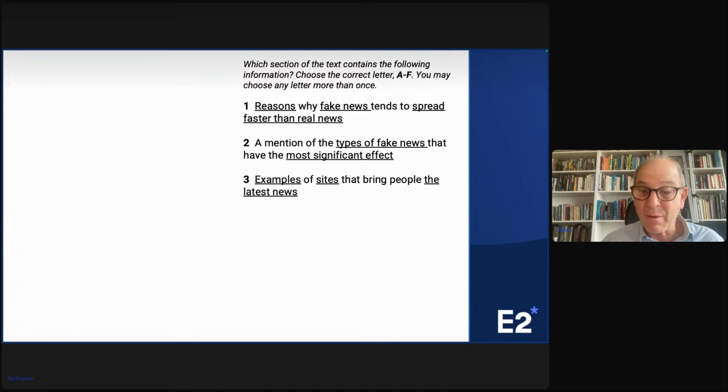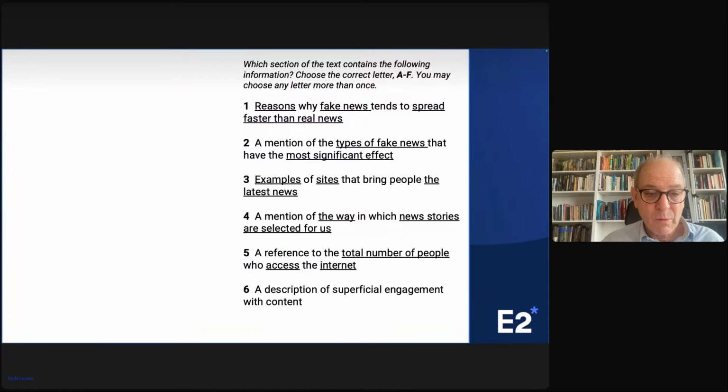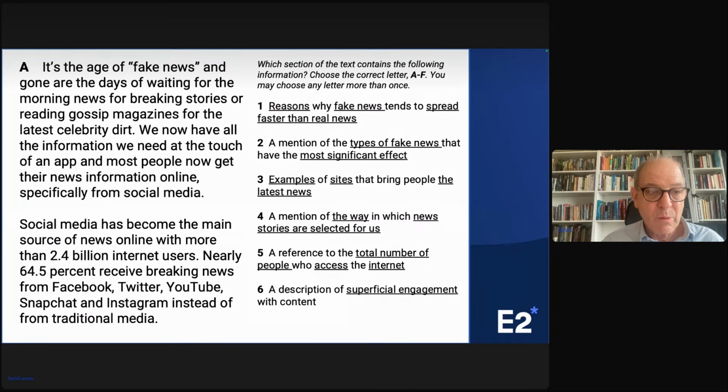Keywords from the prompt or the questions? And then we find that of the statements, statement 3 is found in paragraph A. So we're dealing with it paragraph by paragraph, yeah? All right, so we can confidently say that 3 and A match together.